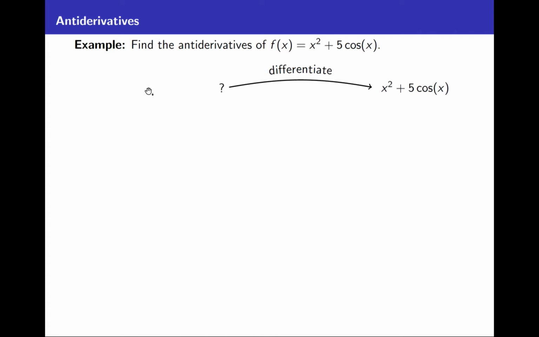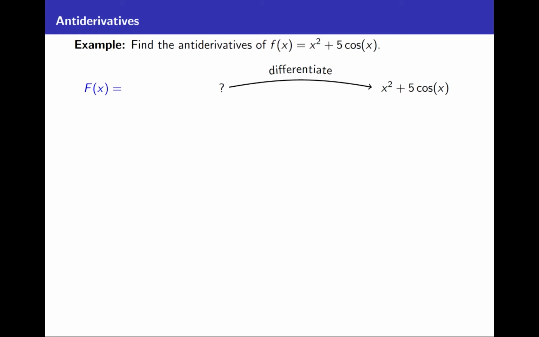If we could find such a function, it would be an antiderivative of x squared plus 5 cosine x. So let's think about what would go here. What would work? Well, you need a term on this function where if you differentiated it, you get the x squared, first of all.